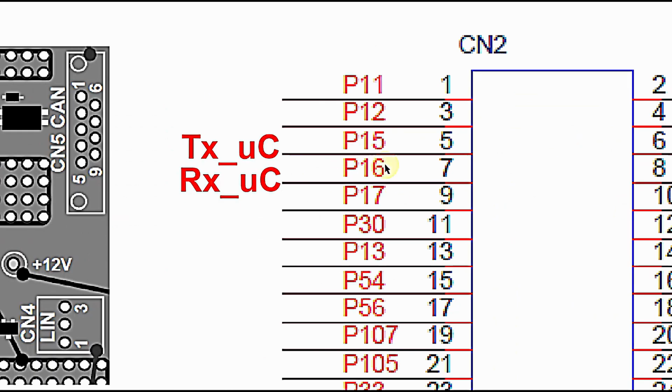You can clearly see P15 is the TX pin of the microcontroller, that is the UART 0 TX pin, and P16 pin of the microcontroller is the UART RX pin. So we will be connecting the TX of the microcontroller to the RX of the TTL converter and RX of the microcontroller to TX of the TTL converter.